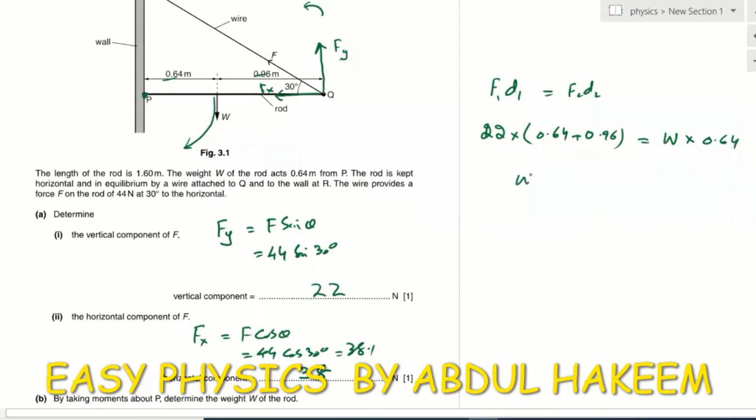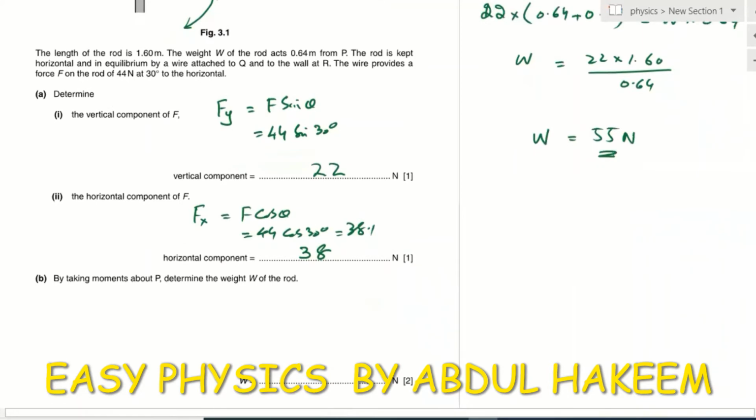So after the calculations, W is 22 multiplied by 1.60 divided by 0.64, and the weight is 55 Newton, because this force is required. So this weight is 55 Newton.